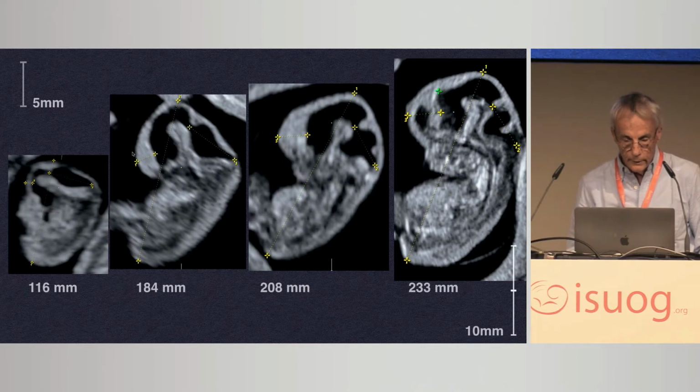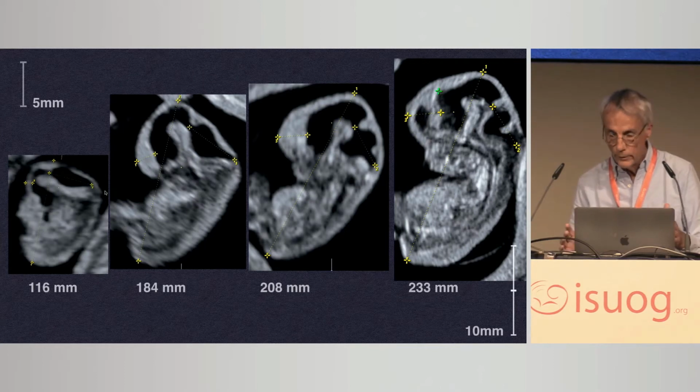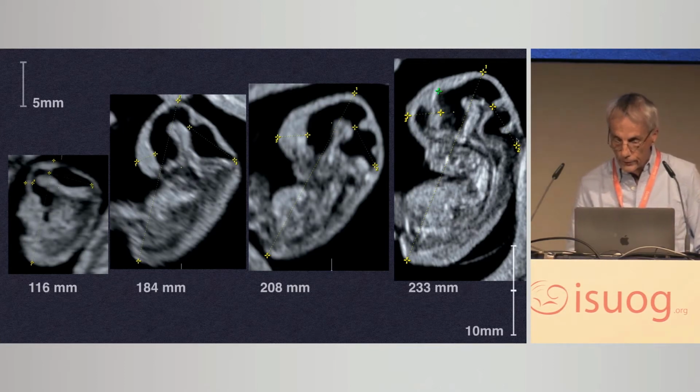What you can see is a transformation of the rhombencephalon, but if you take this distance, it's still the same from 7.5 weeks to 9 weeks, and there is only a flexure of the rhombencephalon.